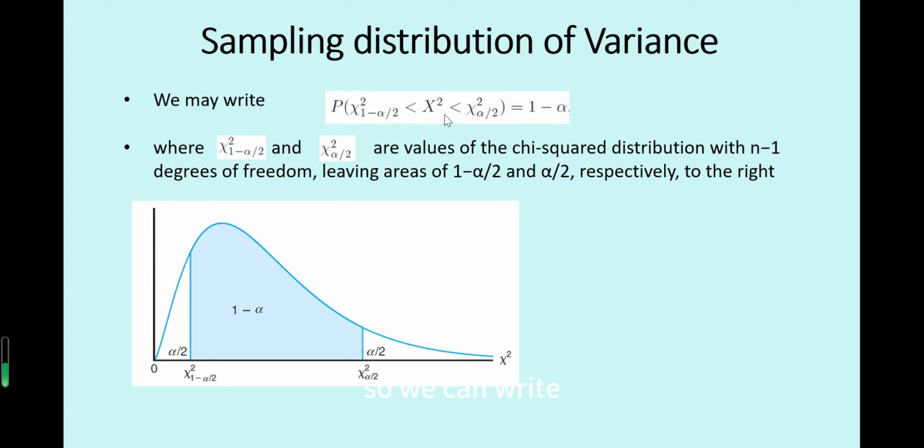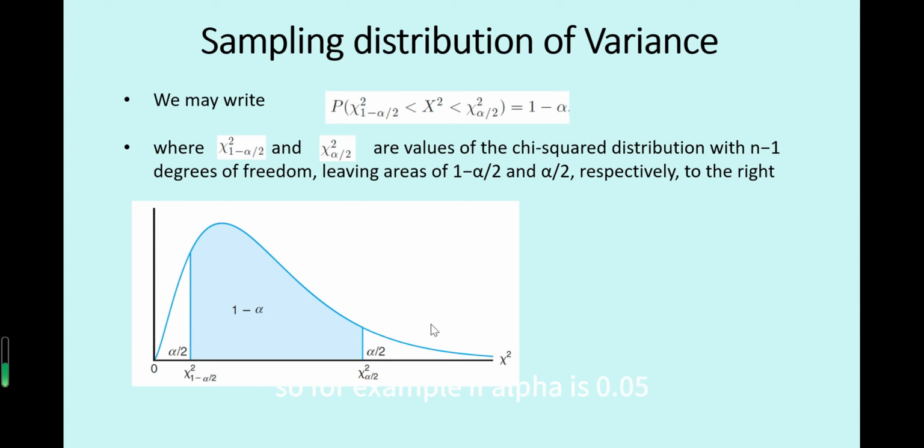So we can write chi-square between the critical value of chi-square at 1 minus half alpha and chi-square value at half alpha. So the probability of this range is 1 minus alpha.